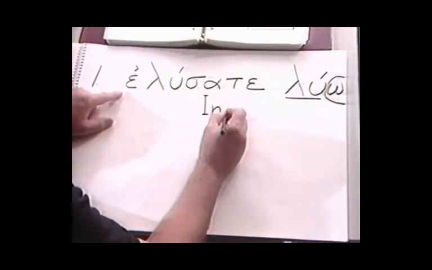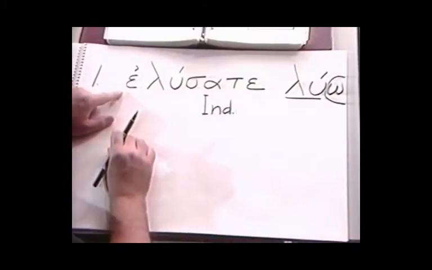Because only in the indicative is time an element. And if that augment is showing us past time, then we know we are in the indicative mood. Not the subjunctive, not the imperative, not the optative, not the participle, nor the infinitive. If there is an augment, then we're dealing with the indicative mood, and it's showing one of the past time tenses.